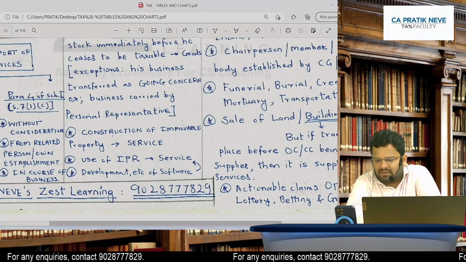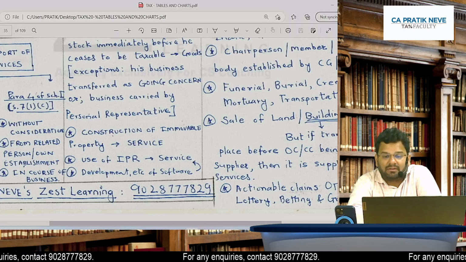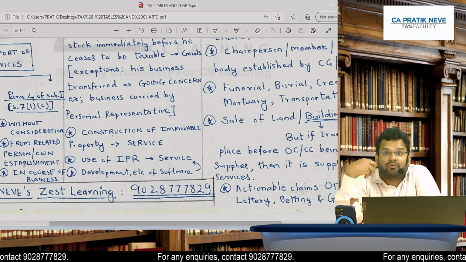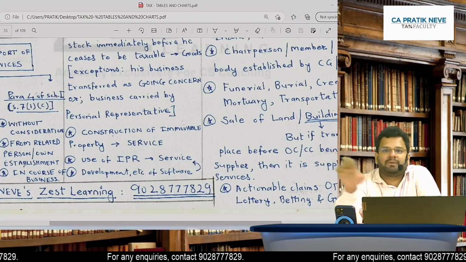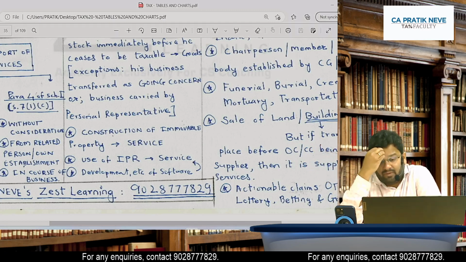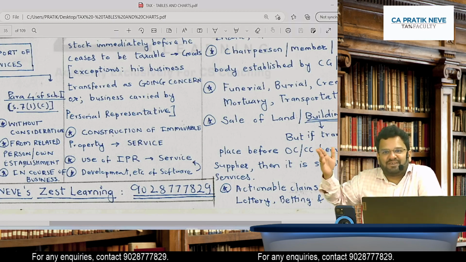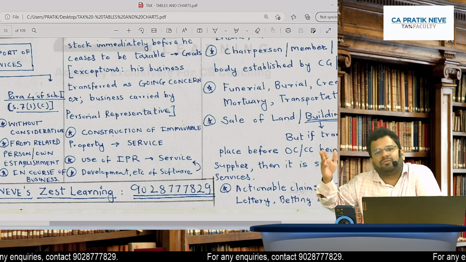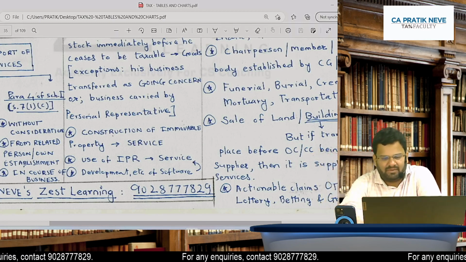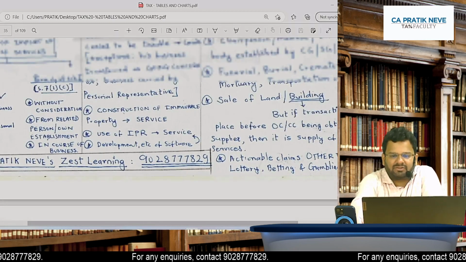Even Mathya Vathani was saying goods, but I hope you all understood that sale of immovable property is neither supply of goods nor supply of services. But when the immovable property is sold in the construction phase, then we call it supply of services. Yes, wonderful, very good. Let's go ahead now.